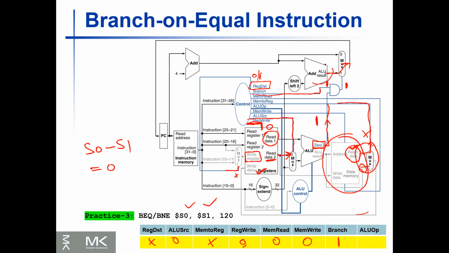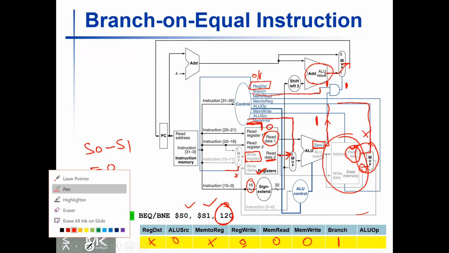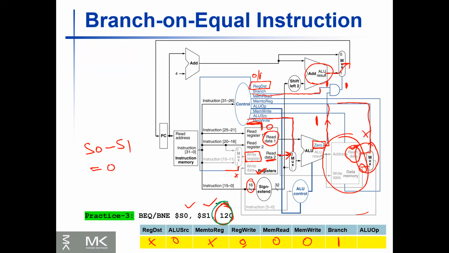What is coming in this one? This is the branch calculation we have discussed in advance. What was that? The 16-bit offset, which is here, is going to be sign extended. Let me take another color so that it will be clear to you. After sign extension, we need to shift twice left, multiply by 4.